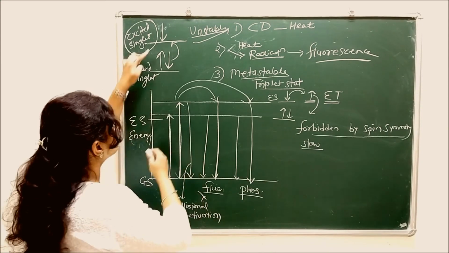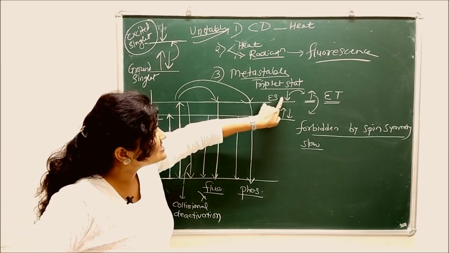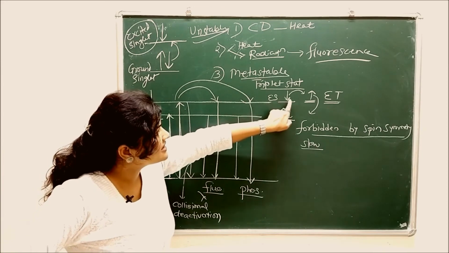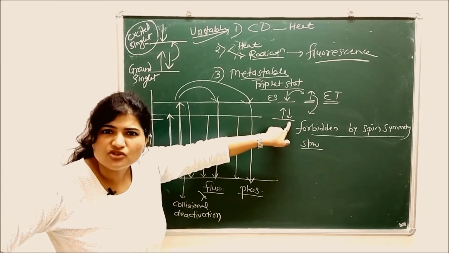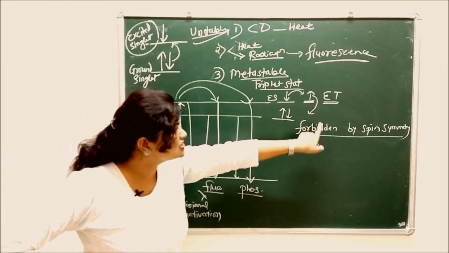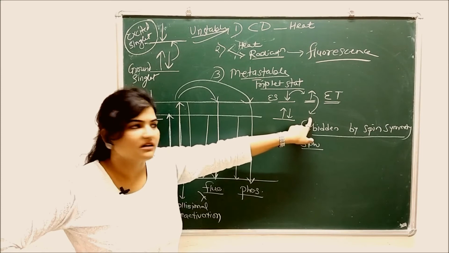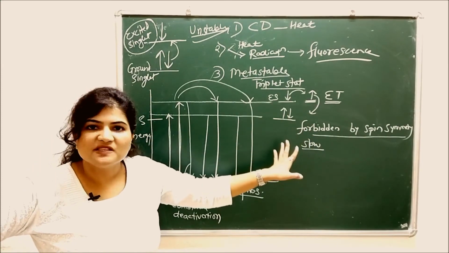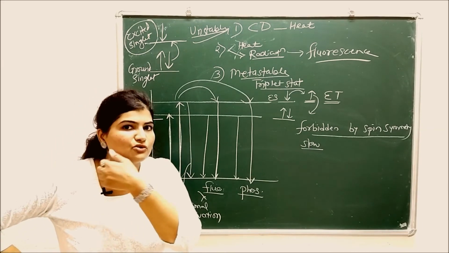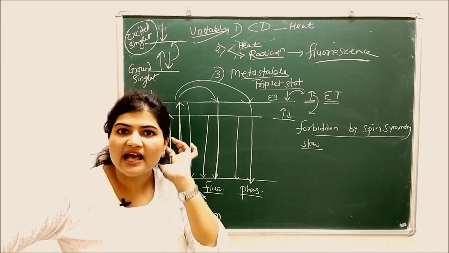In fluorescence, the excited singlet electron can easily come down because it doesn't need to change the spin, but here it needs to change the spin to come back. So this is forbidden by spin symmetry, and hence the process is slow. Hence phosphorescence can be referred to as delayed fluorescence.